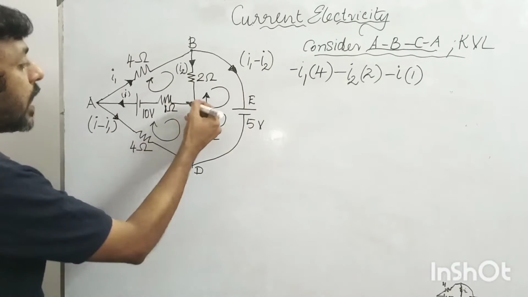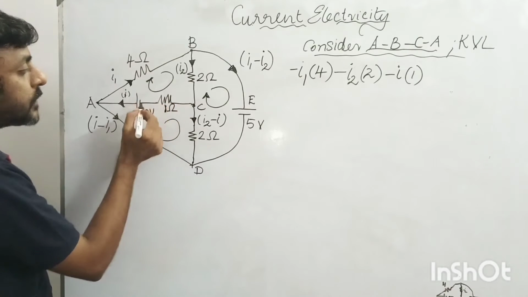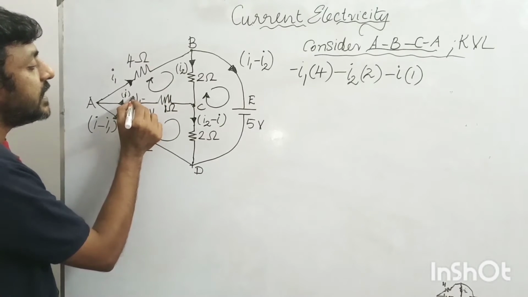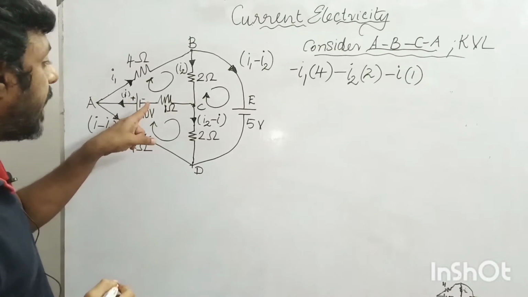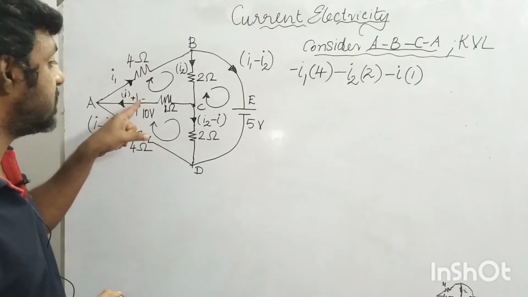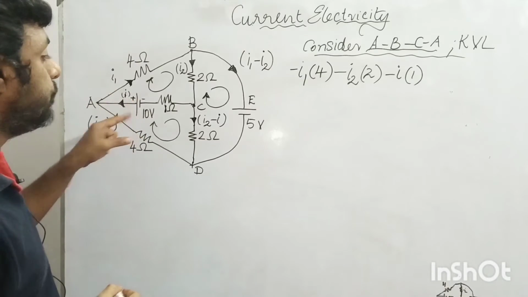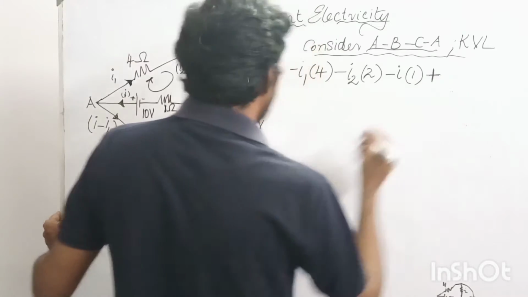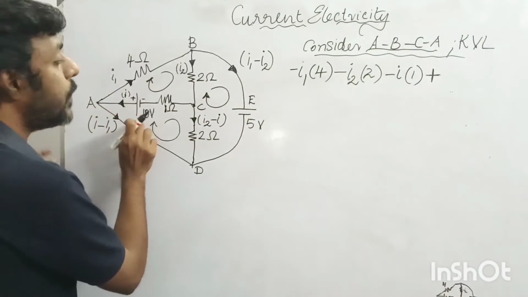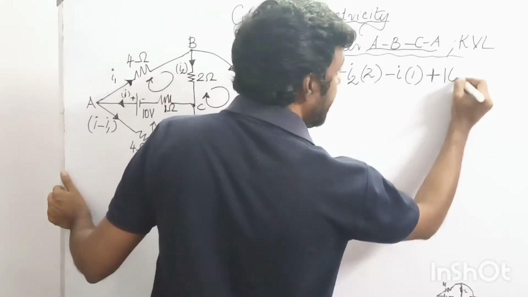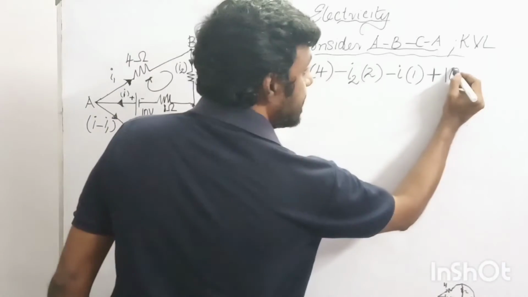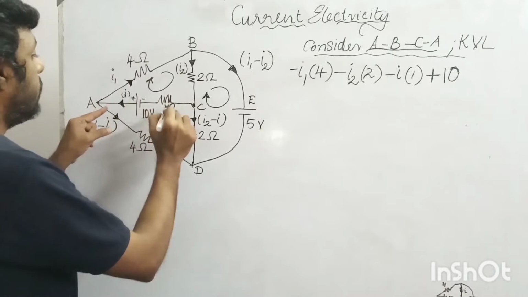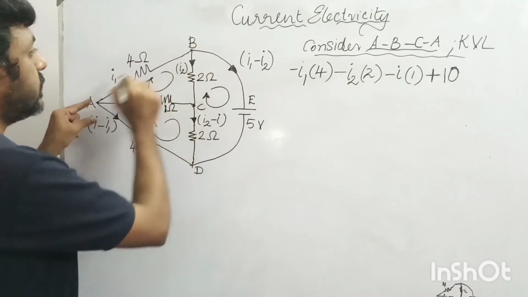Next, while traveling in the clockwise direction, I encounter a negative terminal first and a positive terminal second. When I encounter the negative terminal first, I need to put a plus sign and introduce the value of this voltage source, plus 10. That's all, and the complete loop is over.